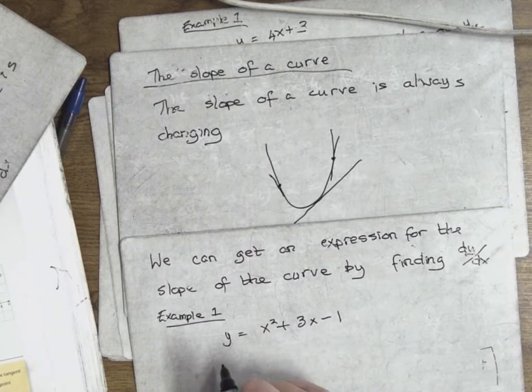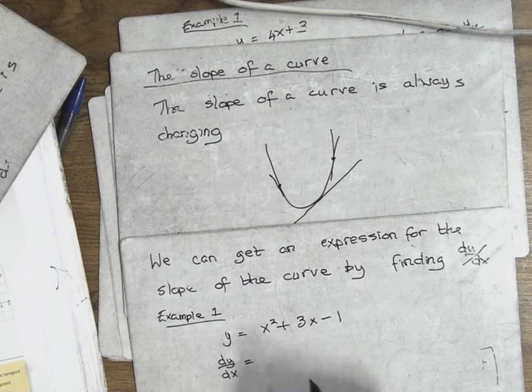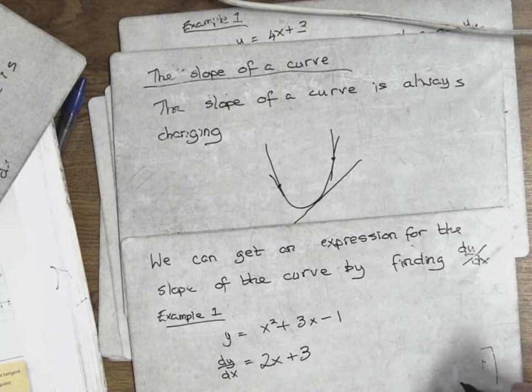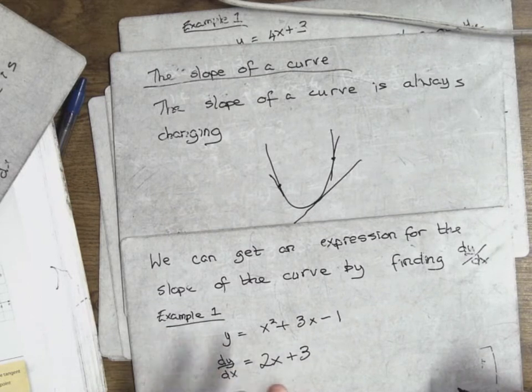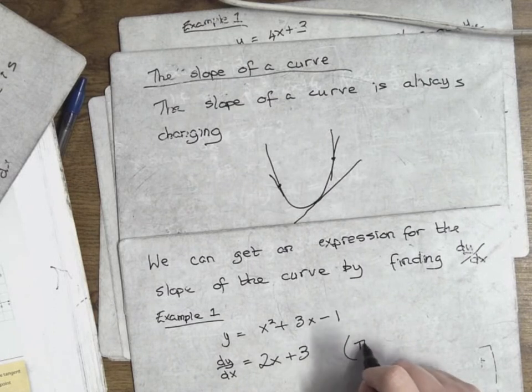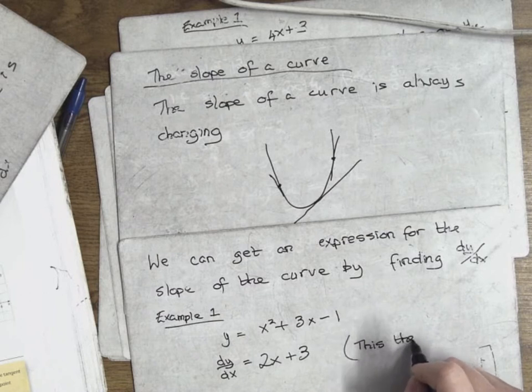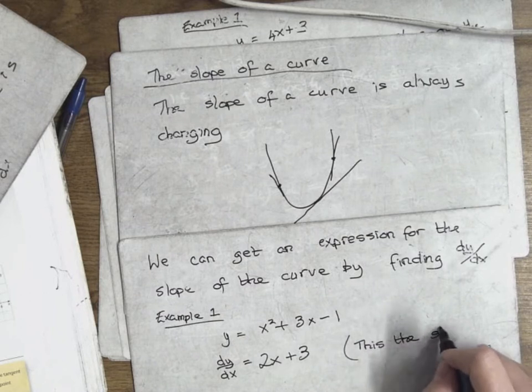So if I get dy dx, I get 2x plus 3. So instead of getting an exact number, I get an expression. So this can change as x changes. This is the slope of the curve. So it's just an equation to get the slope of a curve.